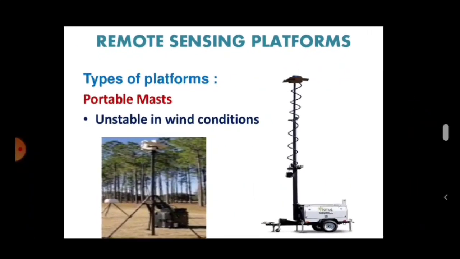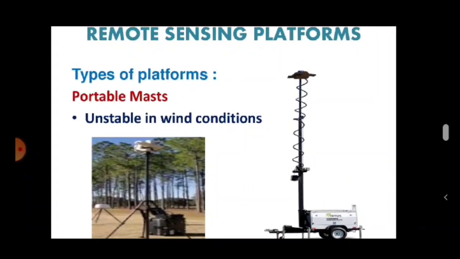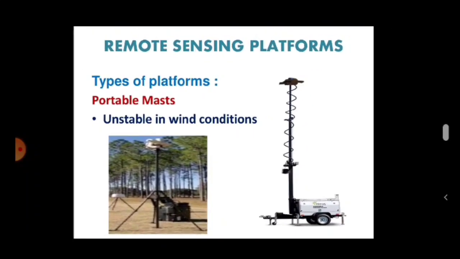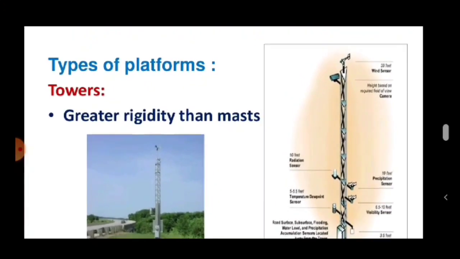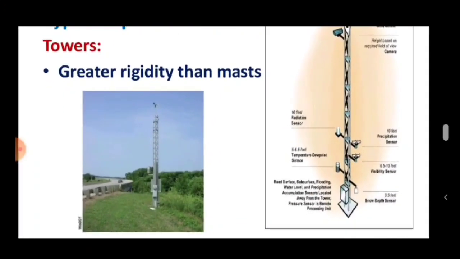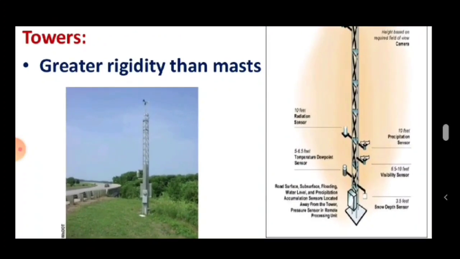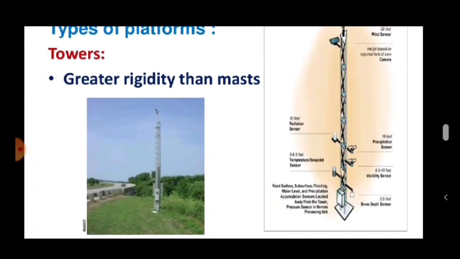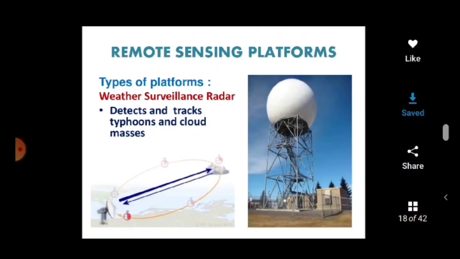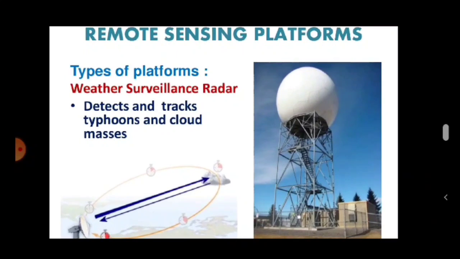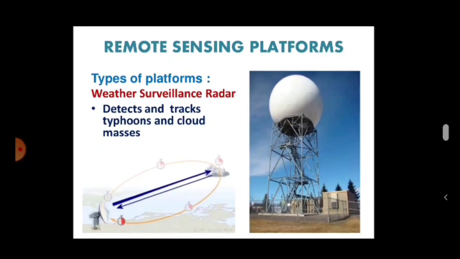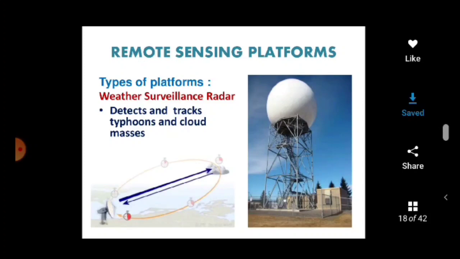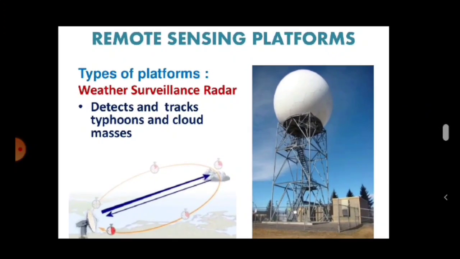Then comes portable masts, which are unstable in wind conditions, and towers, which are not unstable in wind and have greater rigidity compared to a portable mast. And also weather surveillance, which detects and tracks typhoons and cloud masses, is another type of ground-borne platform.